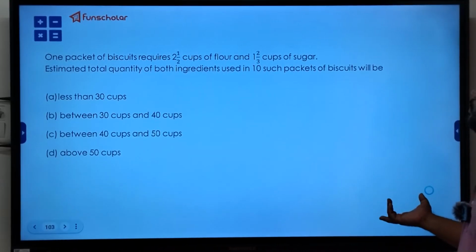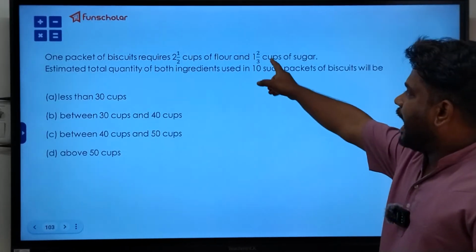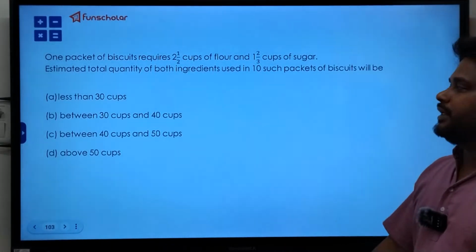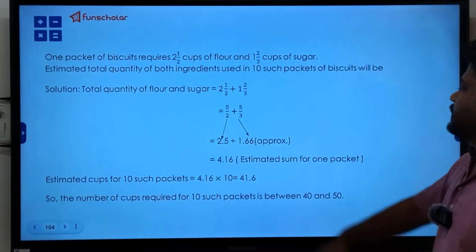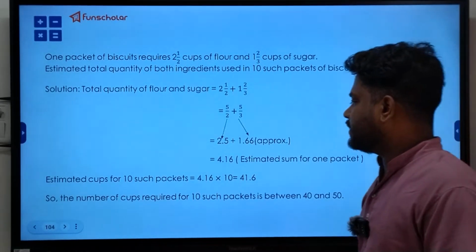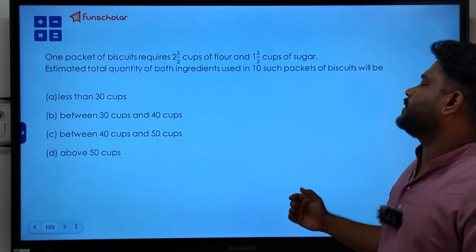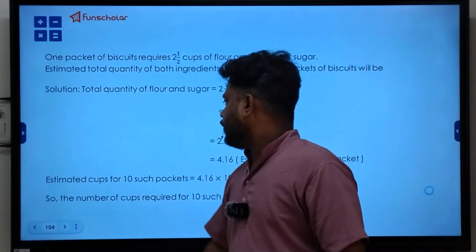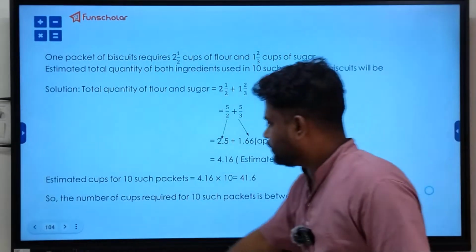So just add them and multiply with 10. They have added it and multiplied it with 10, and the answer will be 41.6. So the answer will be between 40 cups and 50 cups.